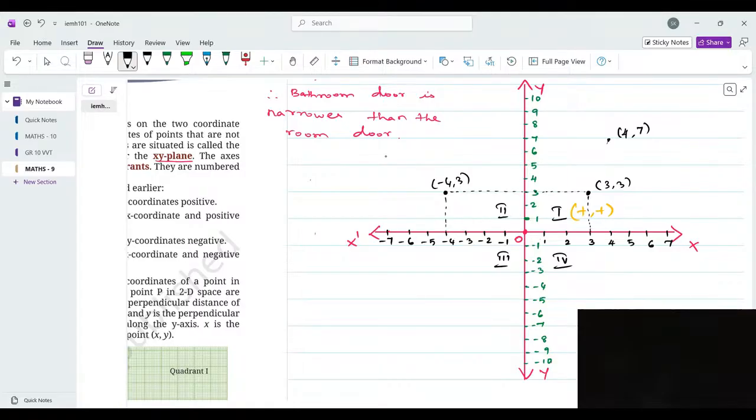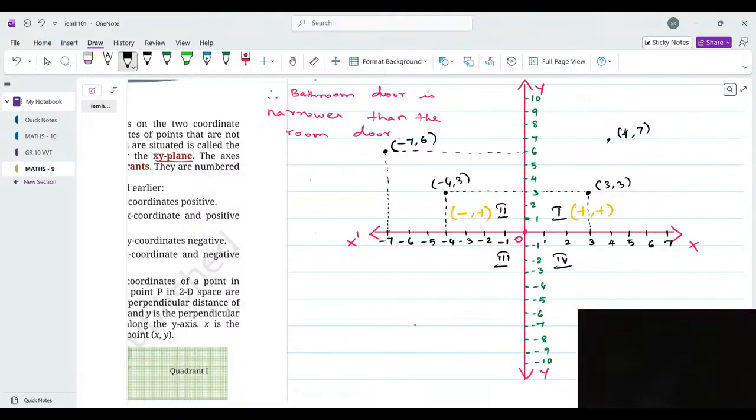Let me choose this one: the intersection of -7 and positive 6, so the coordinate is (-7, 6). Any point chosen in the second quadrant will have negative and positive signs. We'll move on to the third quadrant.